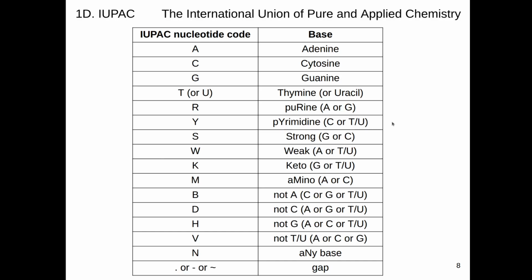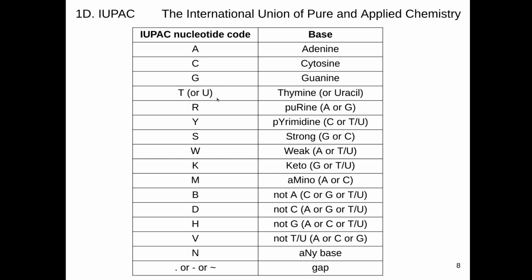Now, apart from 4 standard nucleotide letters, ACGU, we actually have an IUPAC nomenclature of different ambiguous positions. So in some cases, we don't know exactly what a nucleotide in a specific position is, but we can narrow down the search from an arbitrary nucleotide.